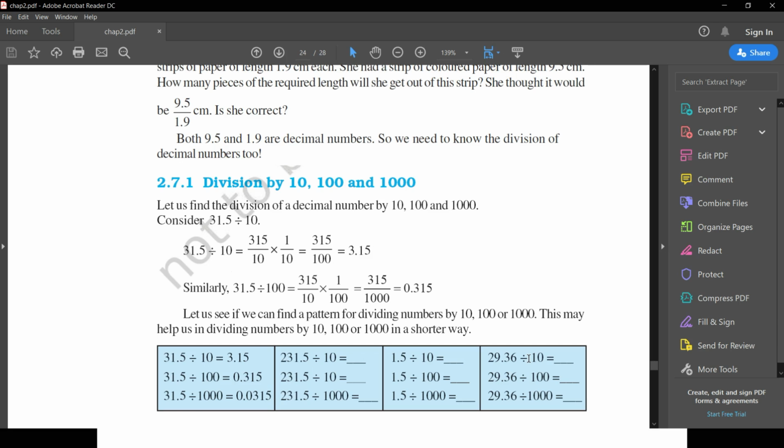Similarly, 31.5 divided by 100 is 315 by 1000, so the result will be 0.315. So the final result of 31.5 divided by 100 will be 0.315. Like this, we can take several examples and divide very easily by converting each decimal into fractions, and after that you obtain the decimal part.